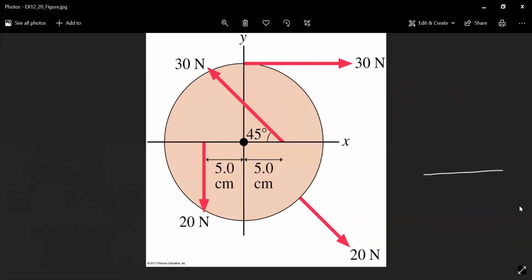We see that F1 force at the very top. Then the axis of rotation goes like this, something like that. This is the z-axis. So we're looking at really the xz plane, I guess that's what we're doing.